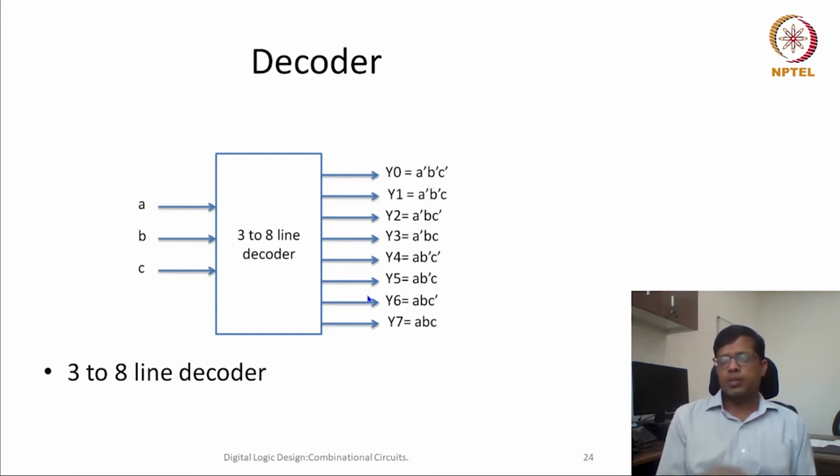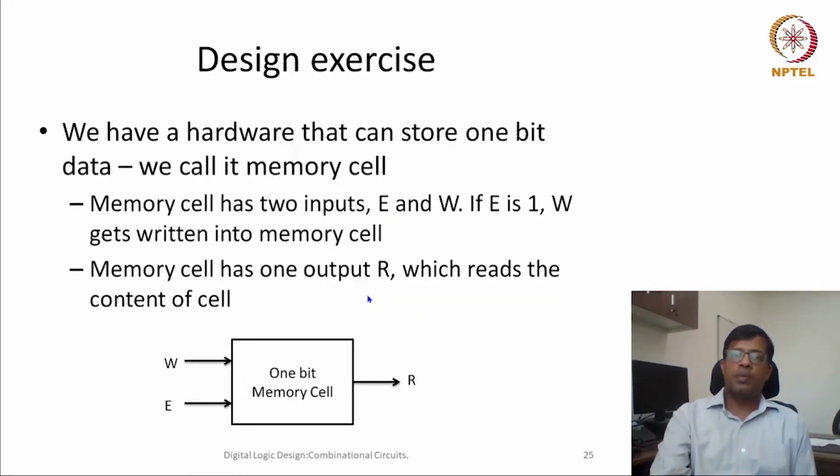Now to see how these encoders, decoders, multiplexers and demultiplexers could be utilized, let us take one design example and try to understand which one to use and how to use it. So in this design exercise, let's understand what the question is.